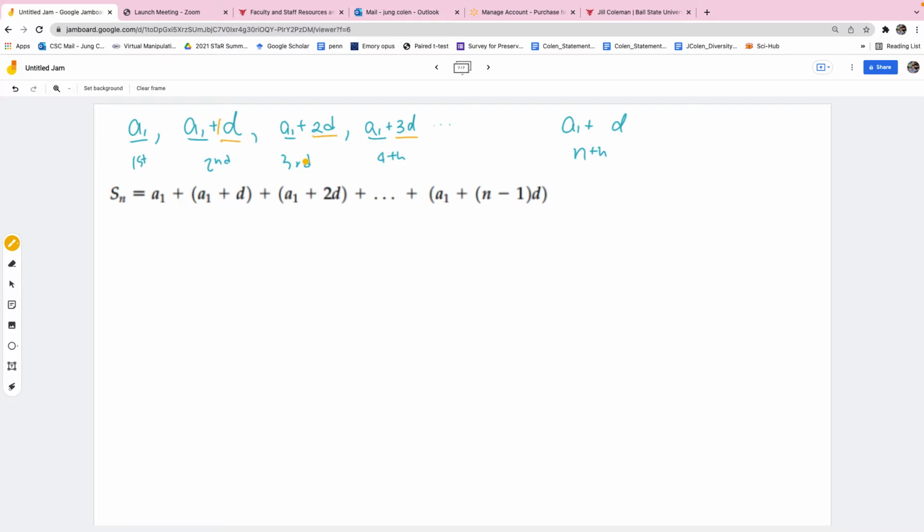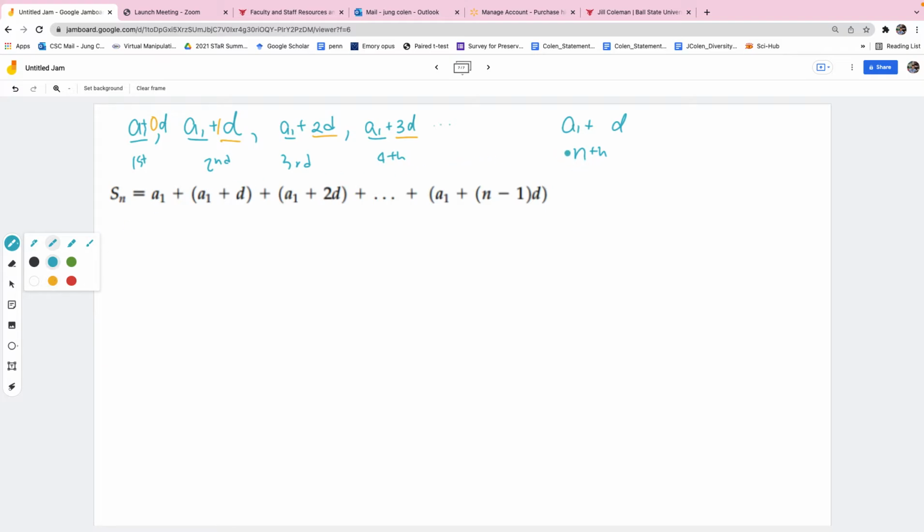Compare that with the position in the sequence here. The second number is 1d, the third number is 2d, the fourth number is 3d, and the first number is 0d, because 0 times d is 0. 0 plus a sub 1 is a sub 1. That's why it is not written. But we can write that as 0d is added, right? Because it's still a sub 1.